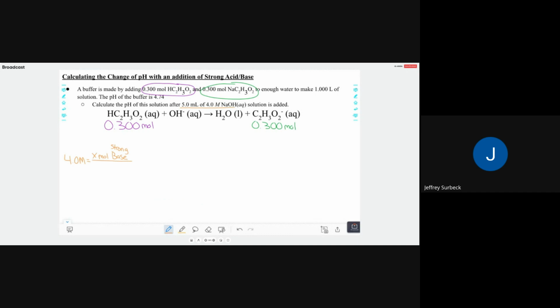So technically 5 has to get divided by 1,000 to get us 0.005 liters, right? Just the definition of molarity. We cross multiply. So I take 0.005 times 4, and this gives us 0.02 moles of strong base added.